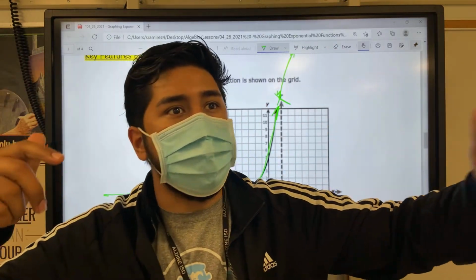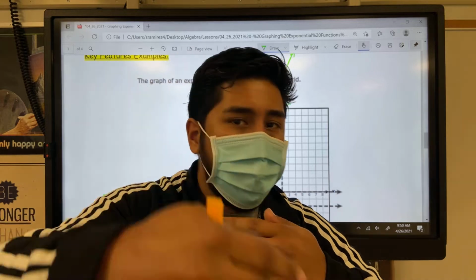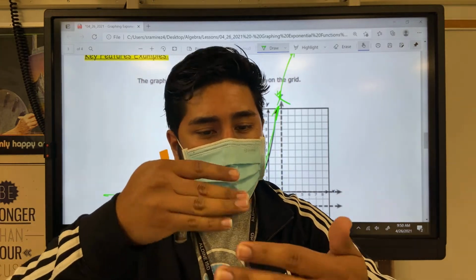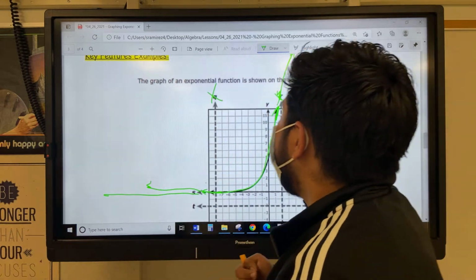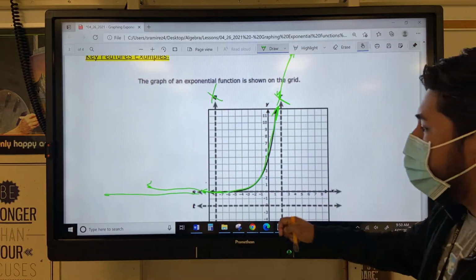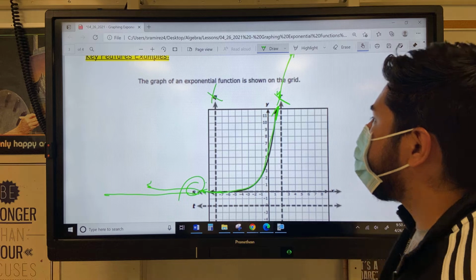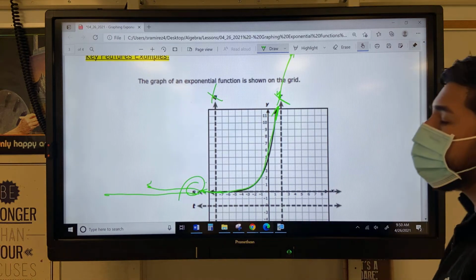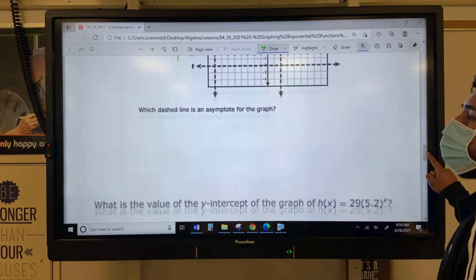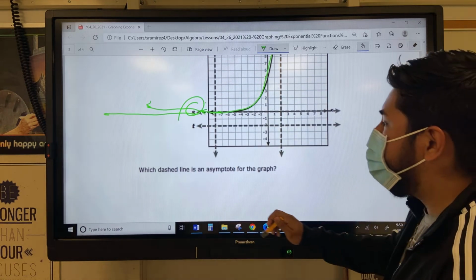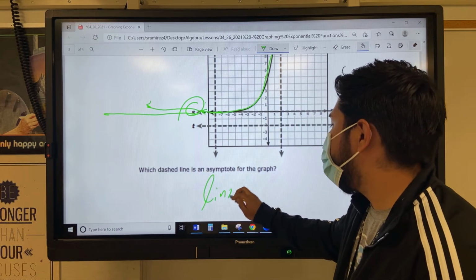It's there, and the United States will never cross that border. We're restricted to just being this side. Okay, so we can definitely say that S is our horizontal asymptote, and that's one of your quiz questions, so make sure you refer back to this. So right here we can say, okay, it's line S.